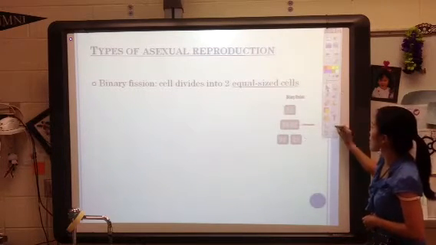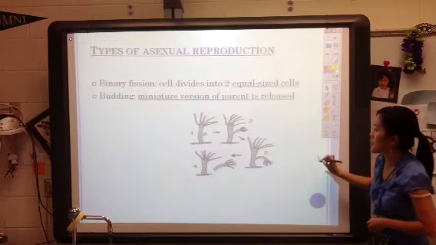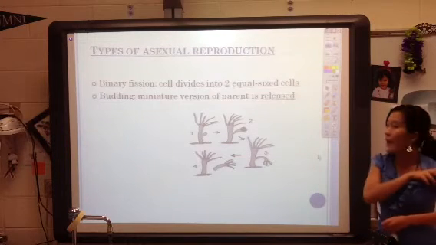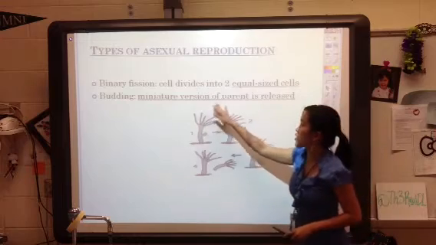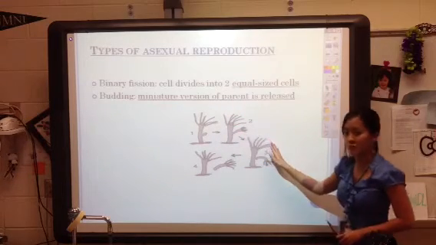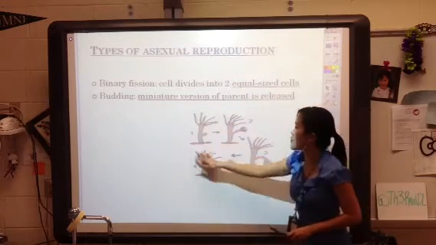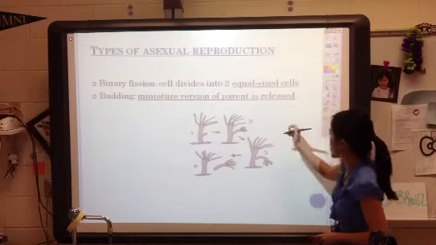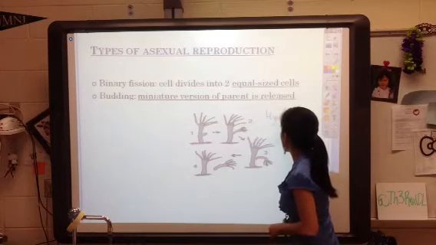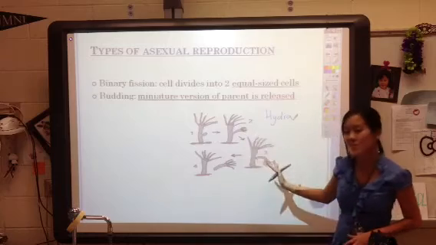Our second type is called budding. In budding, you have a miniature version of the parent that is actually released. If you look at this picture right here, this is a picture of a hydra. It lives underwater.